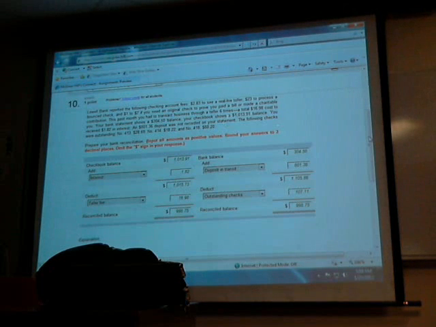Statement's the key word again. The following checks are outstanding, and you have how many? 1, 2, 3. Down here at the bottom, they show you that they're adding those 3 together, and you put the total in the deduction side of the bank statement. So it's just a lot of repetition in this chapter, mainly, right?